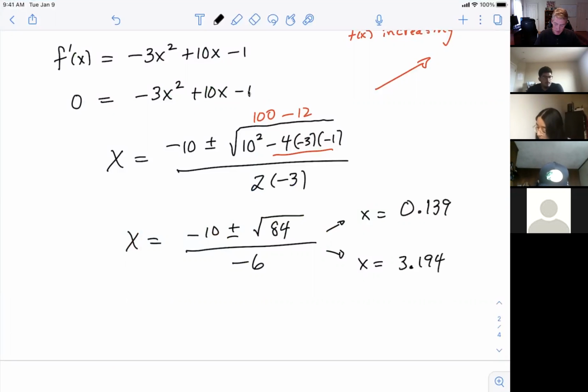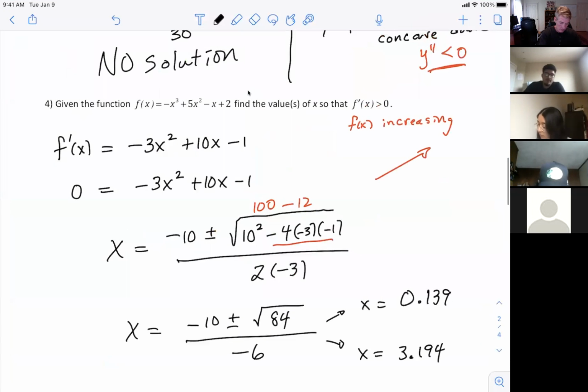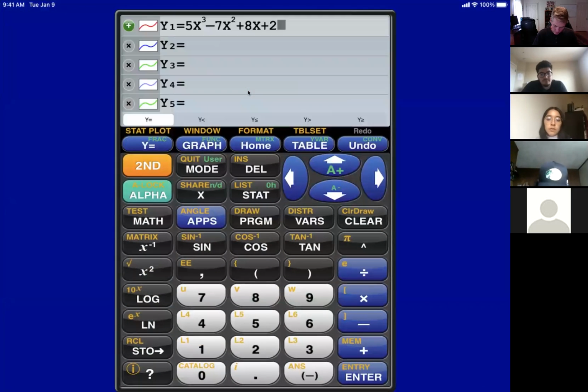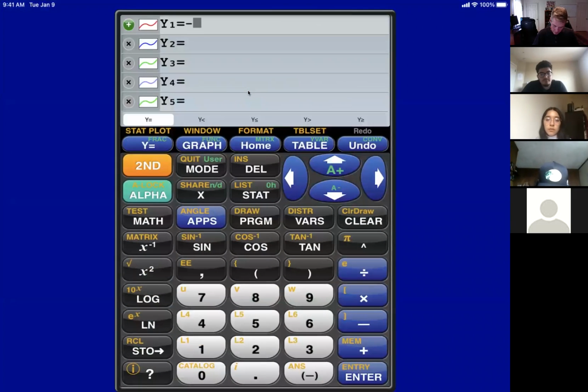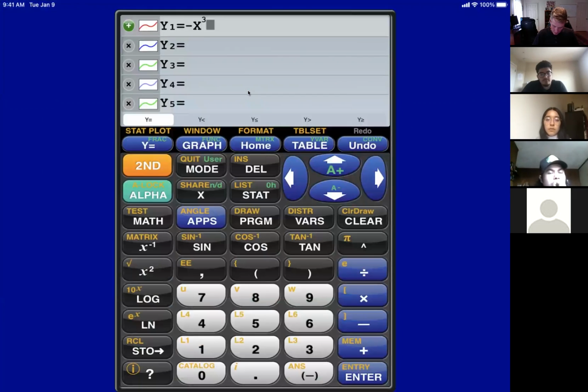And then we're almost done with this one. I just need to see where it's increasing. So graph the original problem: negative x cubed plus 5x squared minus x plus 2.